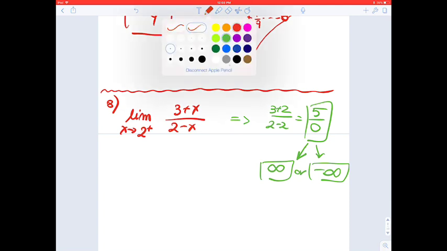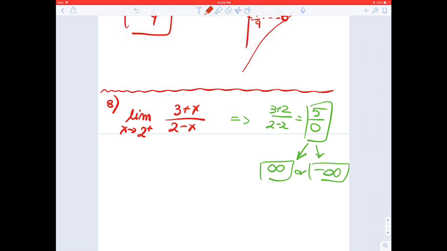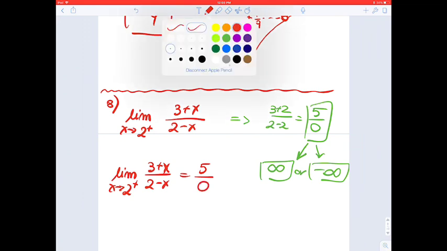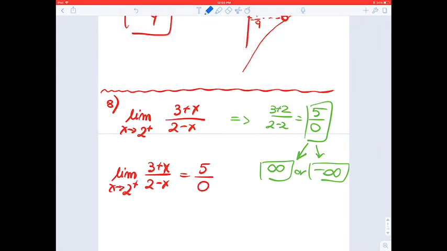And let's investigate. That means what I can do, let me rewrite one more time. That's x. Okay. And I know that this is 5. And this is 0, but it's not really 0, it's just the indication of a small number, because this is not really 2, it's 2.1, or maybe even closer, 2.01.